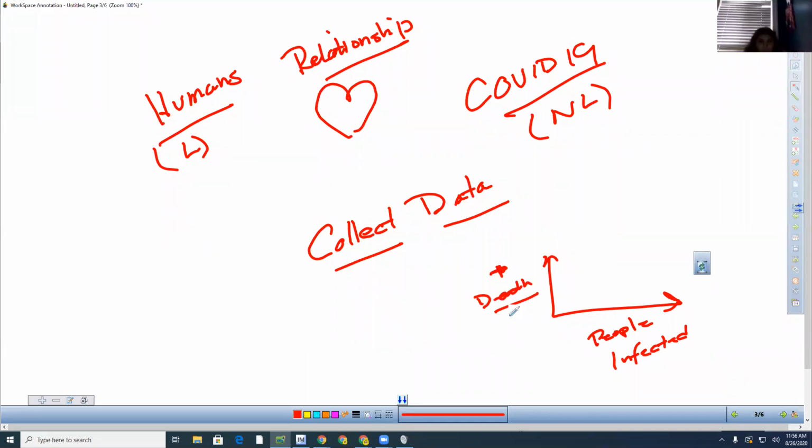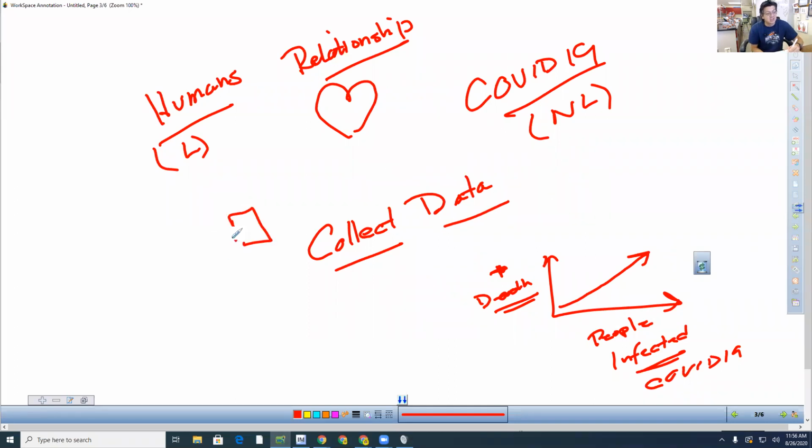As more people got COVID, what happened to the deaths? Did it go down or did it go up? It went up. As more people got COVID, more people died. That's the observation that they made. So that's the first initial observation.